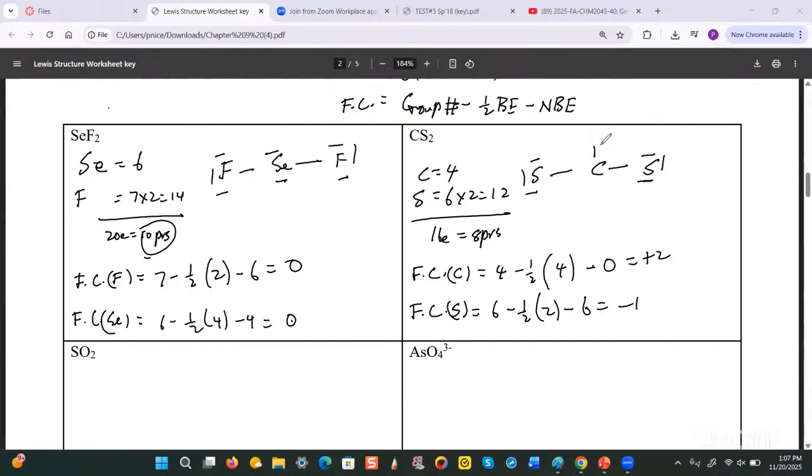So we have a +2 charge here, and we have -1 charges here and here, right? So what's going to happen next? Exactly. This will go here, this will go here. So the final answer is going to be double bond C, double bond S, and then 2 lone pairs there.